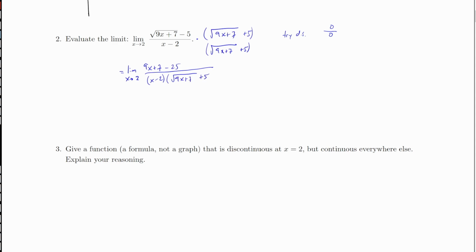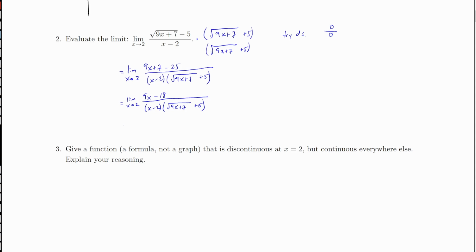So essentially I'm going to do nothing in the denominator. So let's keep simplifying the numerator. 7 minus 25 is -18. Everything else we just copy down.